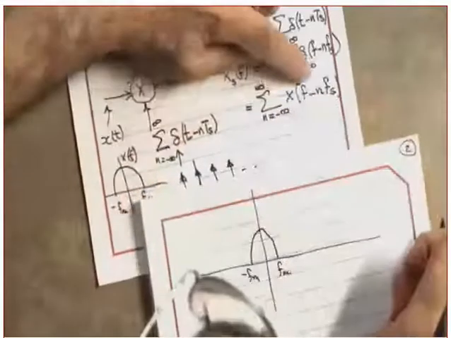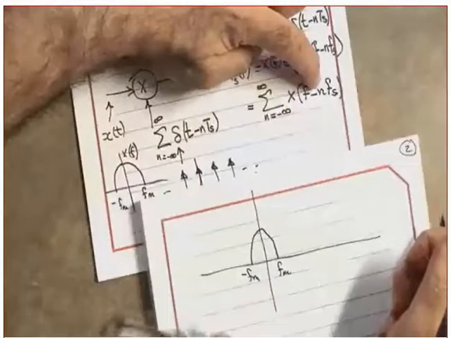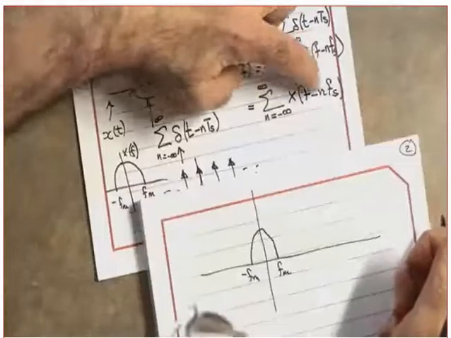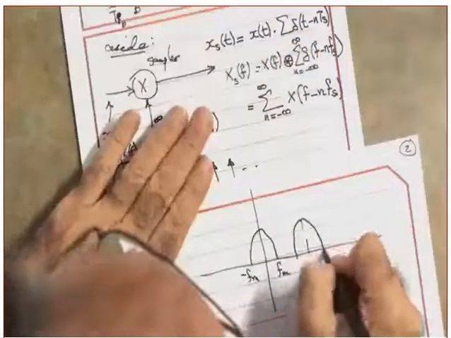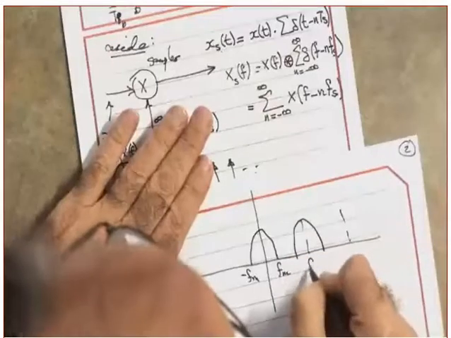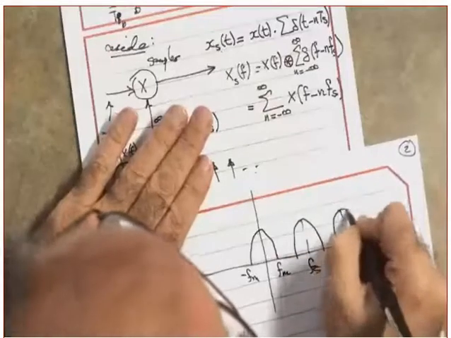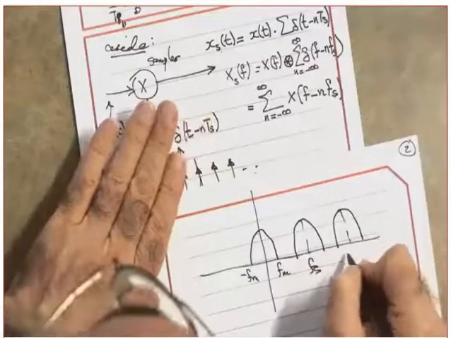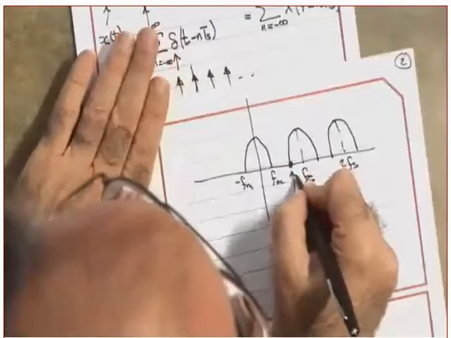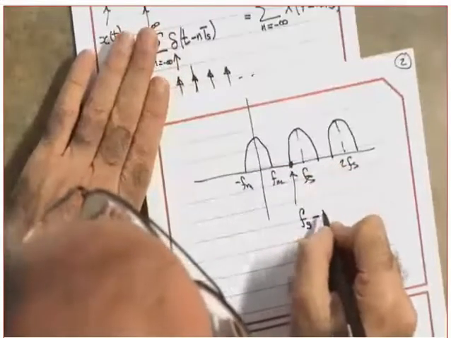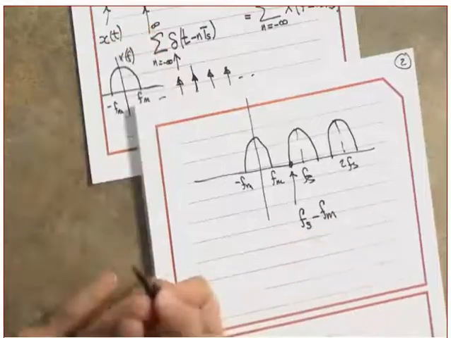No. This component is when n is equal to 0, so you get the original spectrum. When n is equal to 1, what do you get? Fs. When n is equal to 2? 2 Fs. Okay, what is this value? Fs minus Fm. You agree?